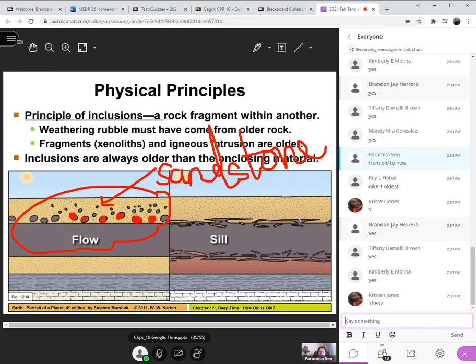That means these are older. Okay, everybody understood? So the rock fragments are older.